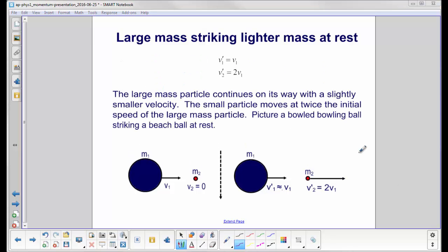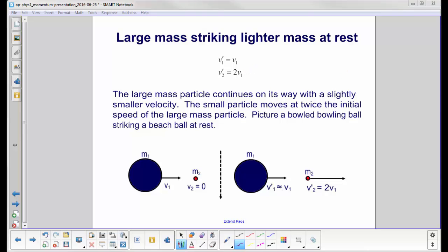So for a large mass, mass 1, striking a much smaller mass, mass 2, the first mass proceeds at basically the same velocity. It's a little smaller because momentum is conserved. It had to give up some of its momentum to the second object, but approximately it's the same velocity. The smaller mass takes off with twice the initial velocity of the larger object.